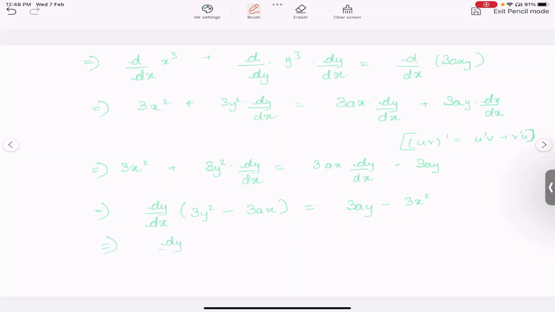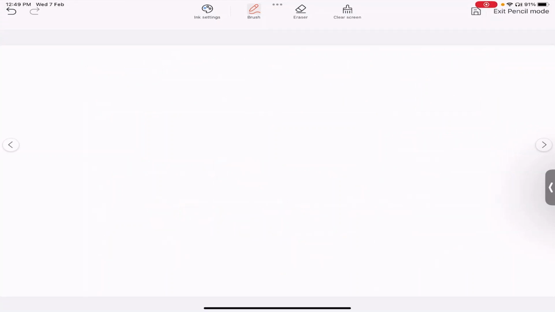Now dy by dx will be equal to 3ay minus 3x square by 3y square minus 3ax. So this is the derivative, and since 3 is in both the numerator and denominator, we can cancel out 3 and we will have this thing. So this is our answer. Let's try another problem.